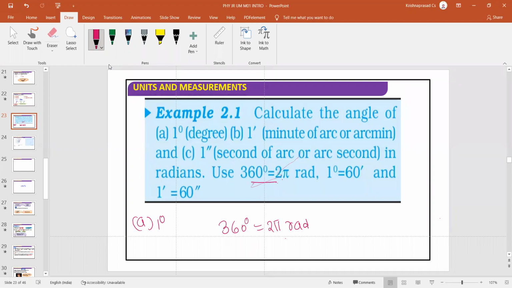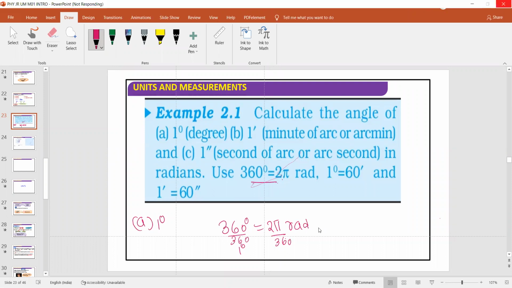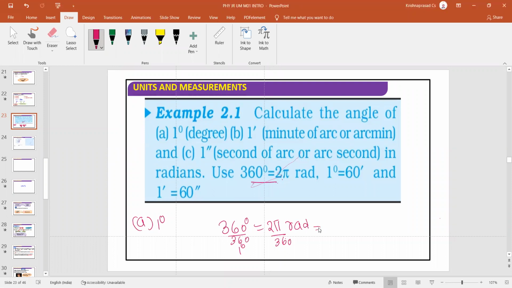For the first question, we need to find the value of 1 degree. For that purpose, we can divide both sides by 360. So this equation will turn out to 1 degree is equal to 2 pi by 360 rad, or the RHS can be reduced into pi by 180 rad.